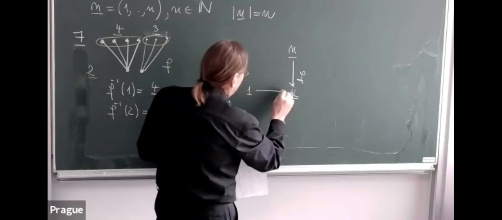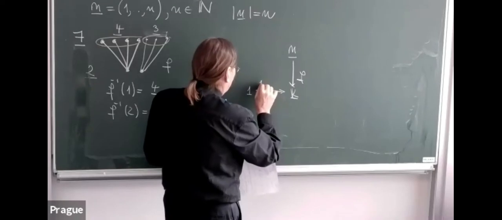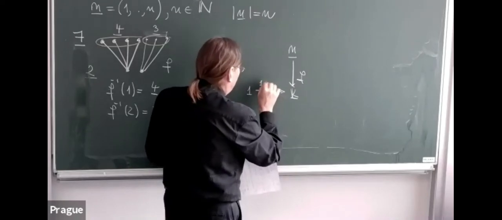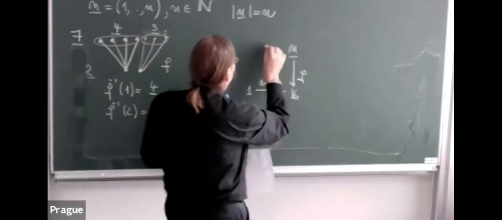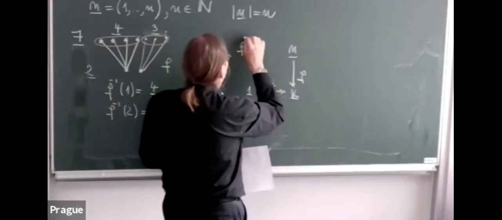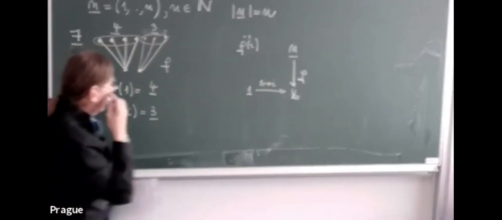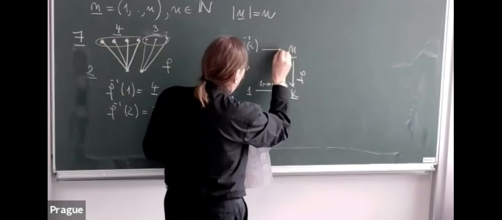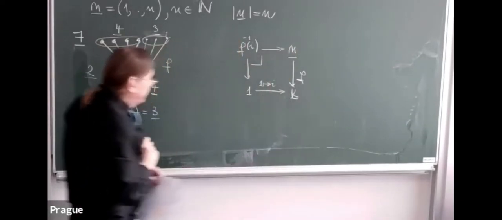I take a map here that takes 1 into i, and then the fiber over i, it's not the inverse, is defined as a pullback of this diagram.